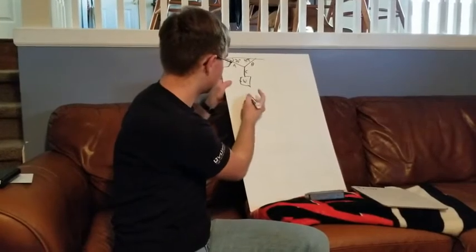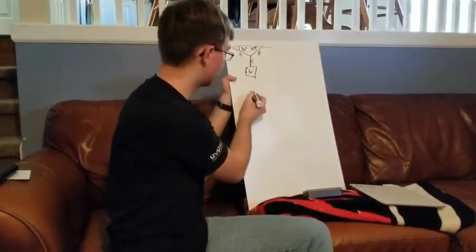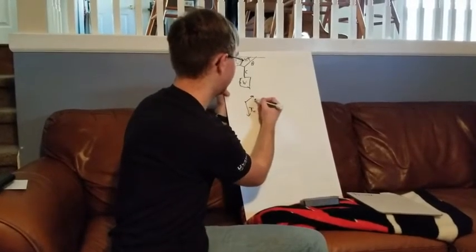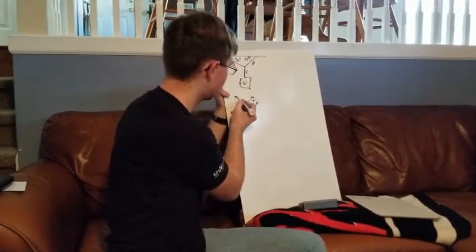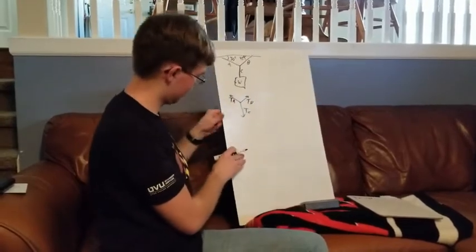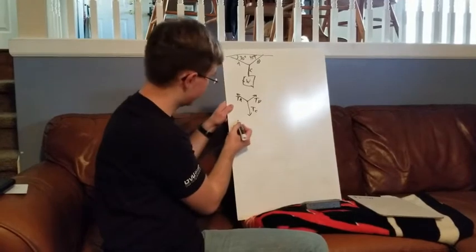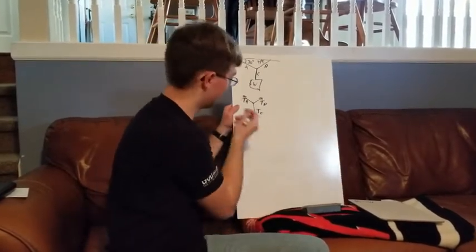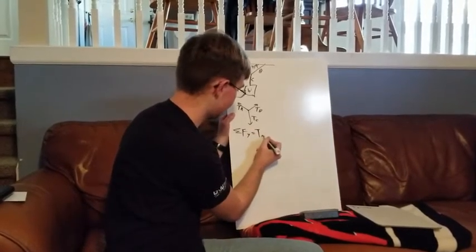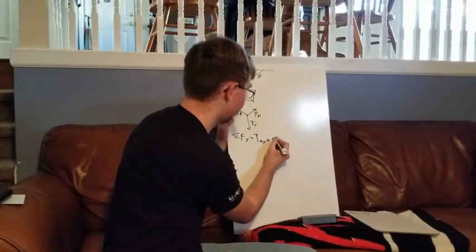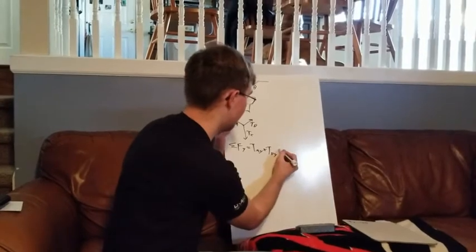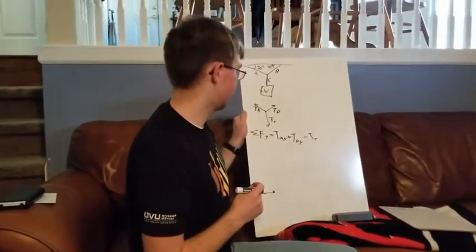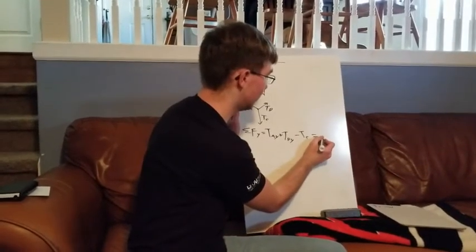My next system looks like this. This is the intersection point between the three cords. We have cord C pulling straight down with tension C. We have tension B and tension A. And the sum of forces in the y direction equals tension A in the y direction plus tension B in the y direction minus tension C. And it's not accelerating, so the forces sum up to 0.